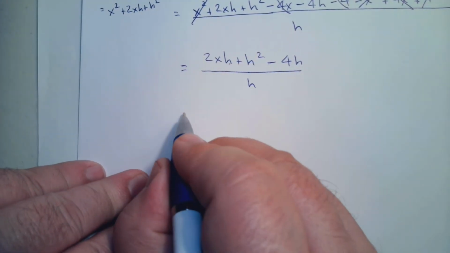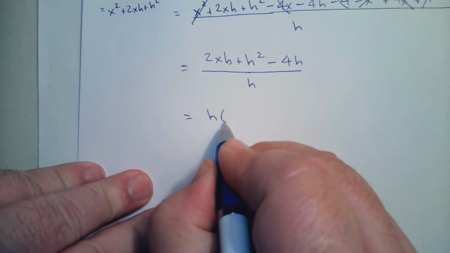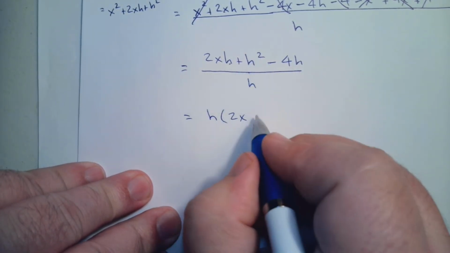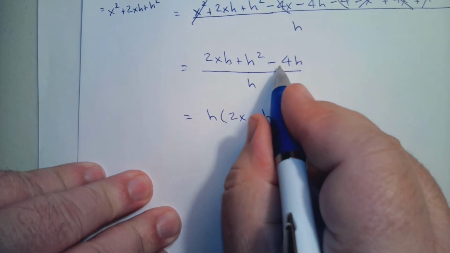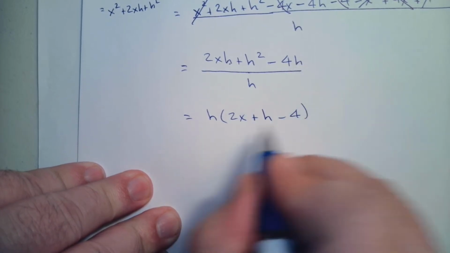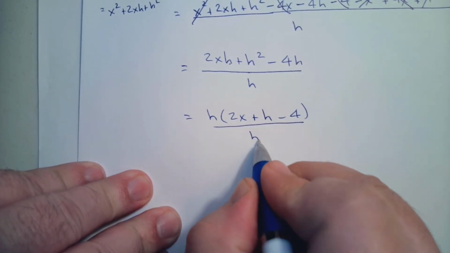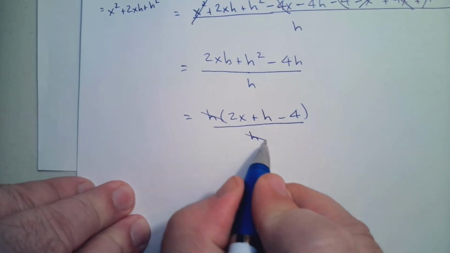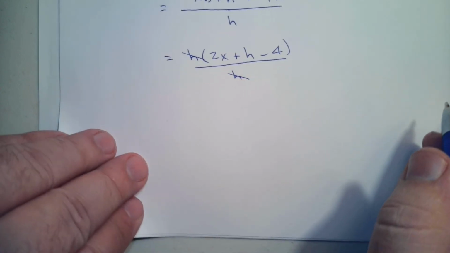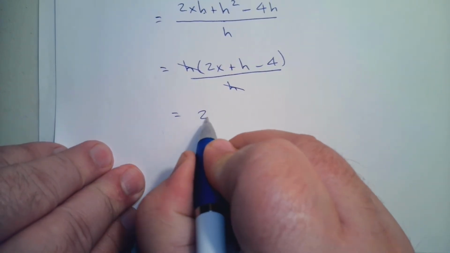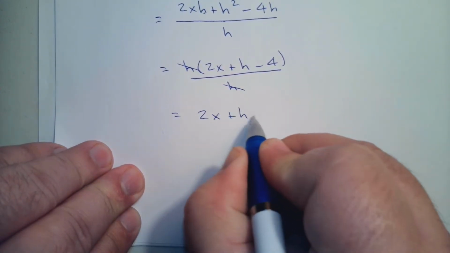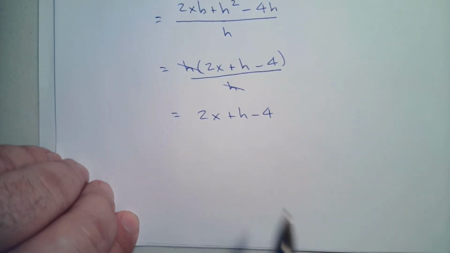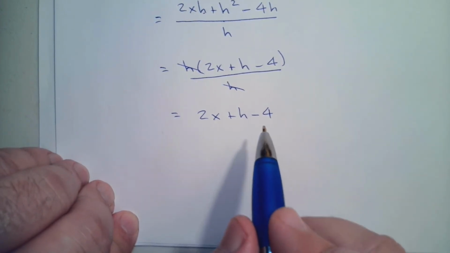The numerator we can simplify. We can factor out an h out of each of those. So this first one only has one in it. This one, we take away one of them, and we take away that last one. Which gives us our function, 2x plus h minus 4. So this is the equation of our slope.